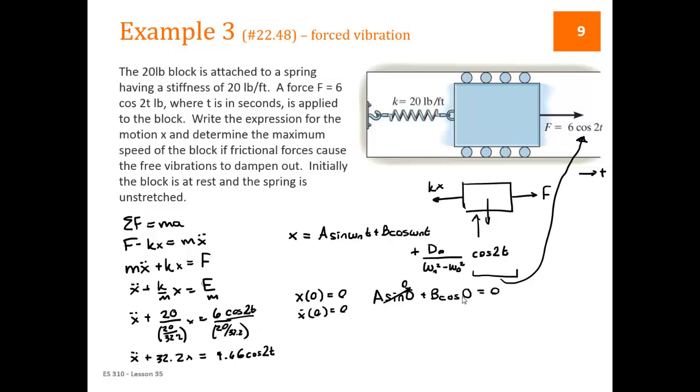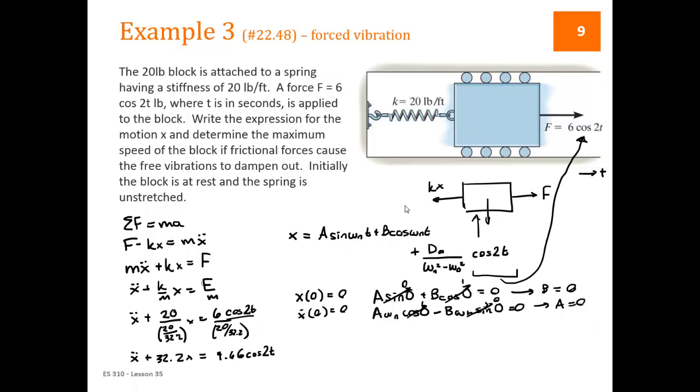This goes to 0, this goes to 1, so b is equal to 0. Take the derivative of that, and we get a omega n cosine 0 minus b omega n sine 0. I skipped a step in there, but it's the same as we did in the previous example. That's also equal to 0. So this is 1, this is 0, so a is equal to 0.